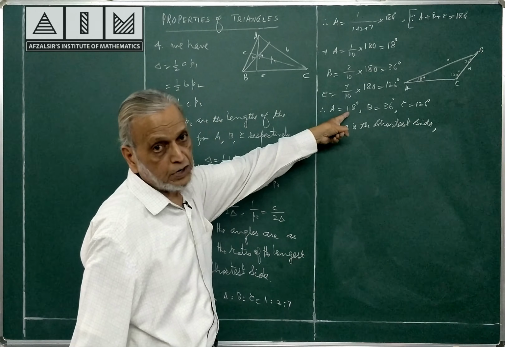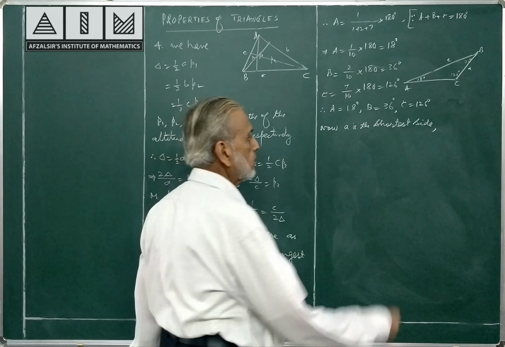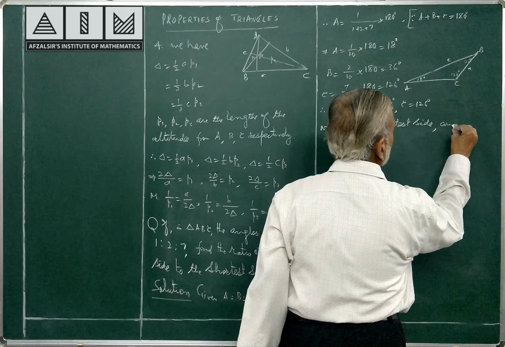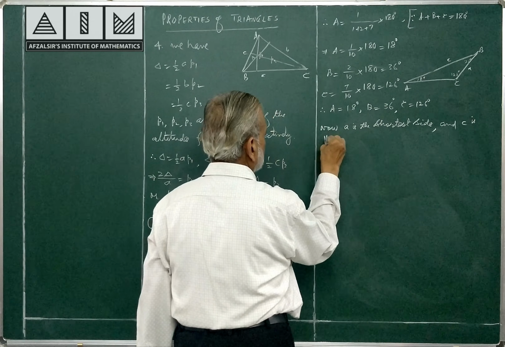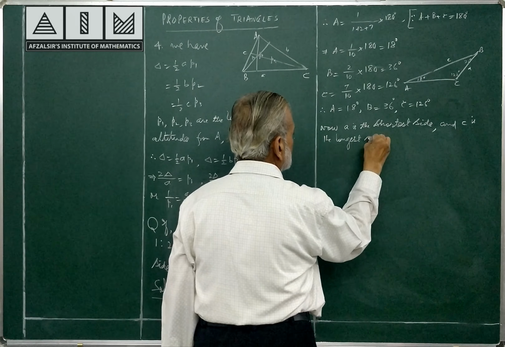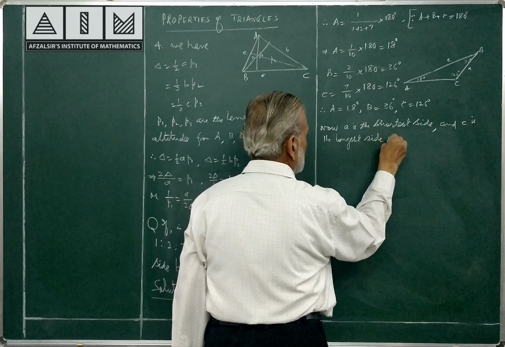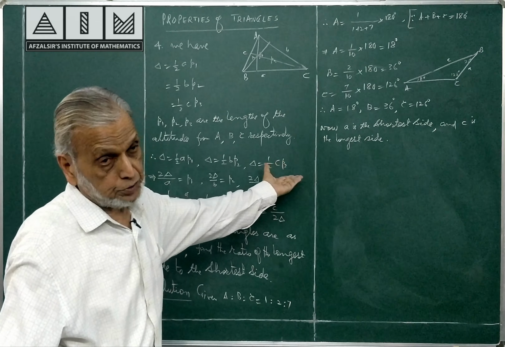Because A is the smallest angle, opposite A is small a, that is the shortest side. This one, C, is the longest side. You are solving a question many times asked in your examinations.